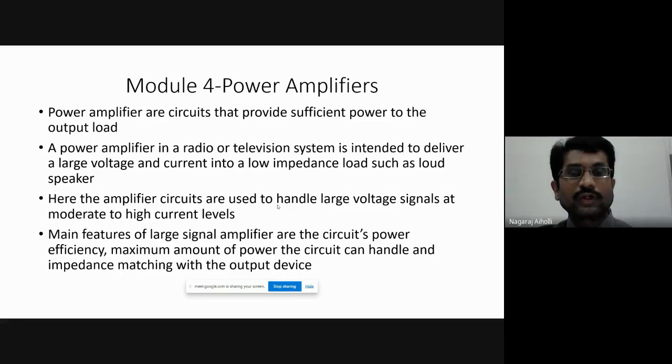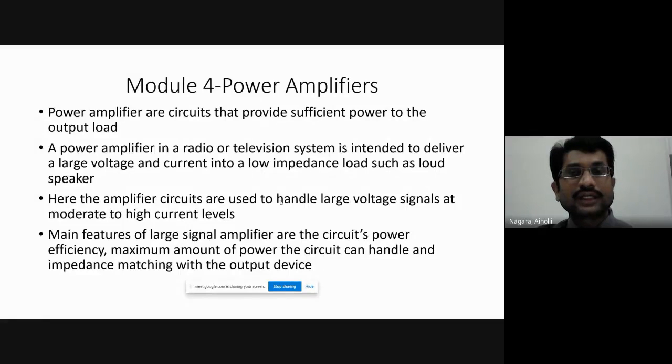Then the maximum amount of power that the circuit can handle, that is how much maximum current and how much maximum voltage the circuit can handle, the product of voltage and current, is the maximum power handling capacity of the circuit. And the impedance matching with the output device.